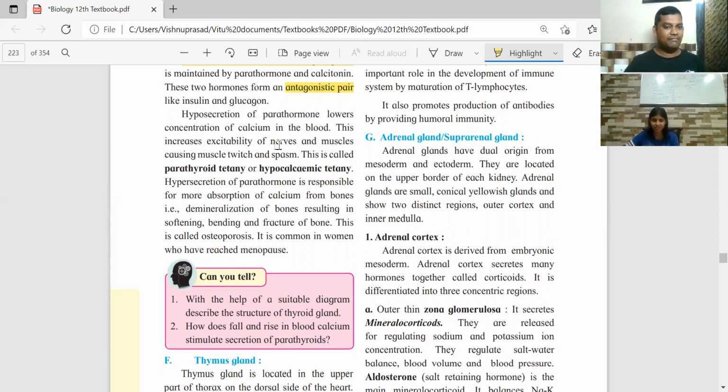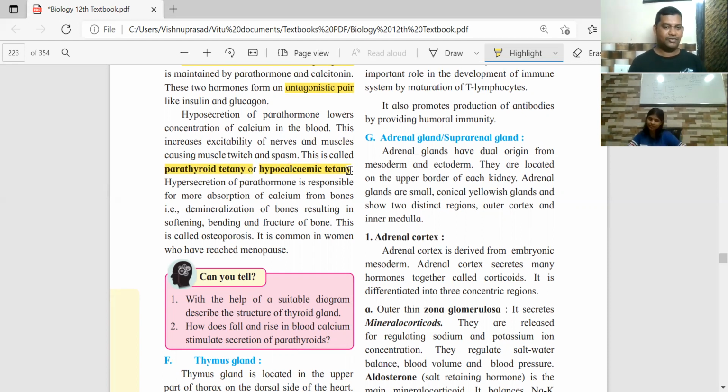There will be muscle twitch and spasm, unnecessary involuntary movement of the muscles. The muscle will look slightly shaky and twitchy. That is called parathyroid tetany, also called hypocalcemic tetany.